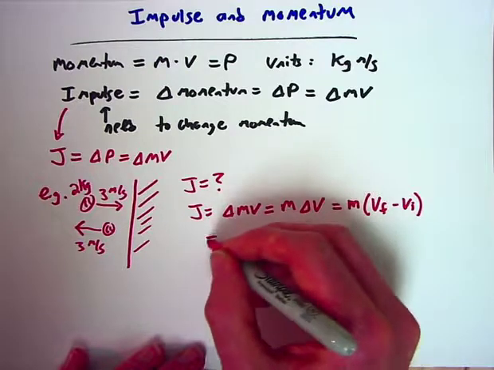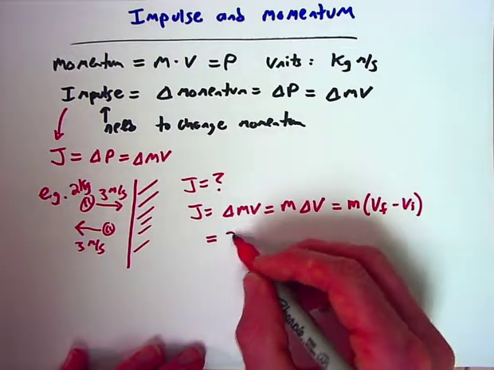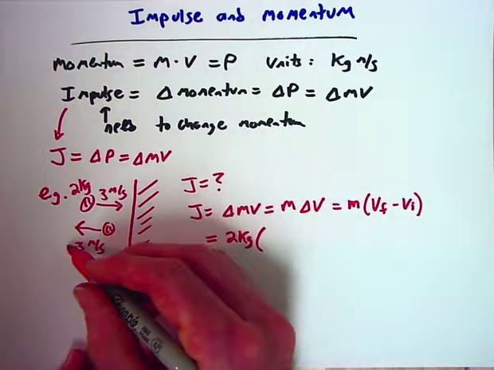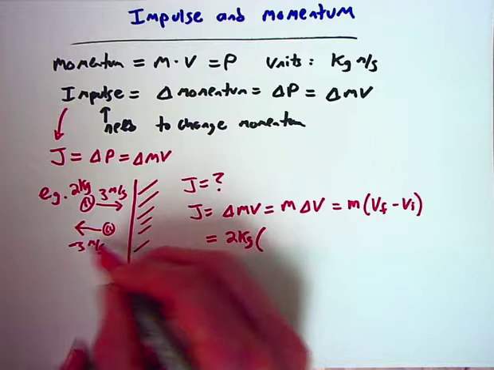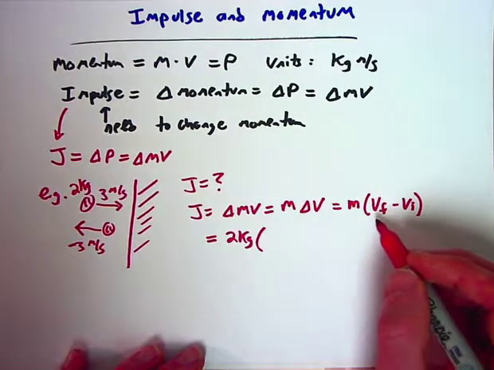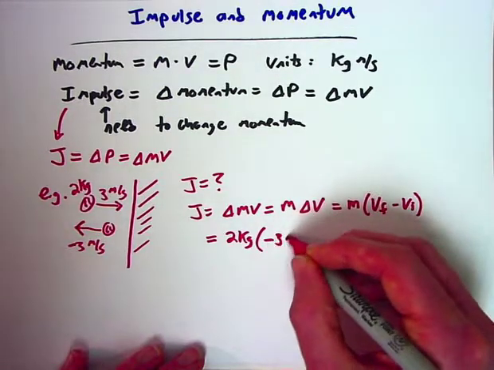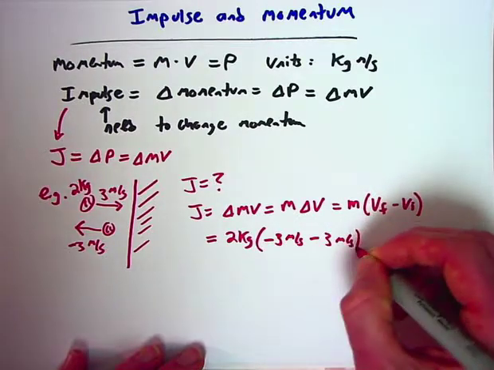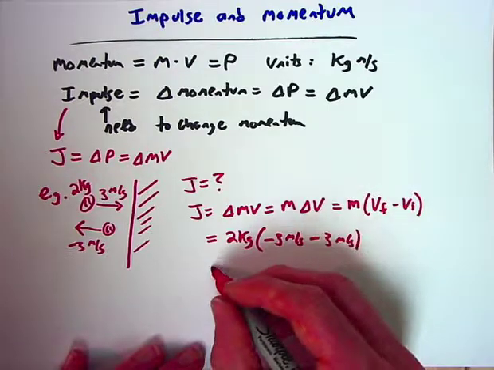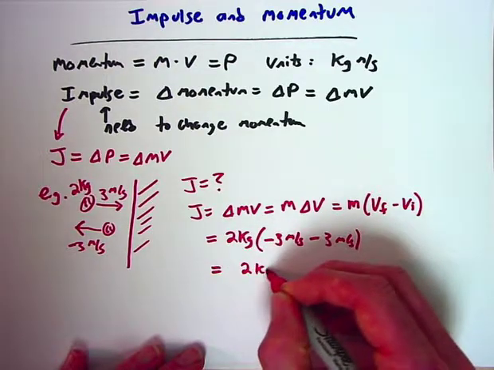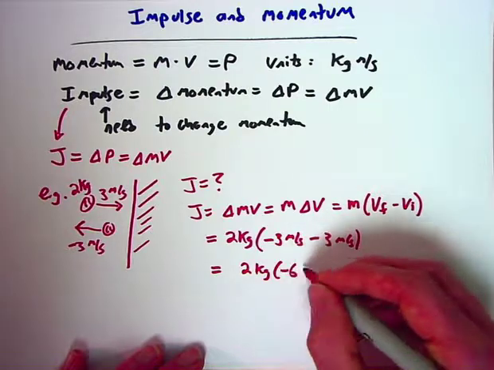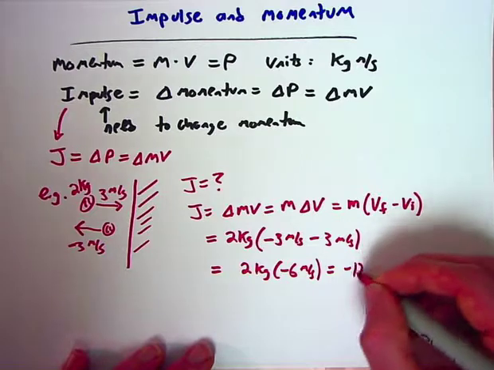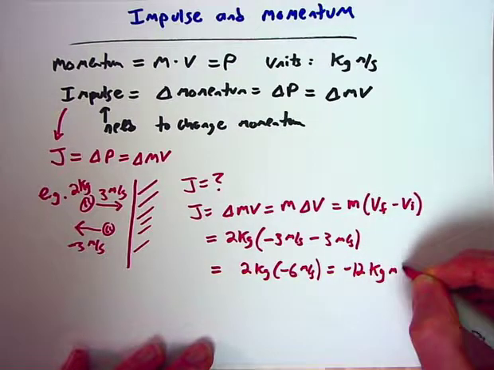So let's say we have the mass, 2 kilograms, times, let's make the final velocity negative since it's going the opposite direction: negative 3 meters per second minus the initial velocity, 3 meters per second. That's going to give us 2 kilograms times negative 6, and that gives us negative 12 kilogram meters per second.